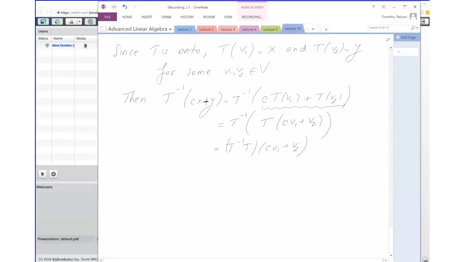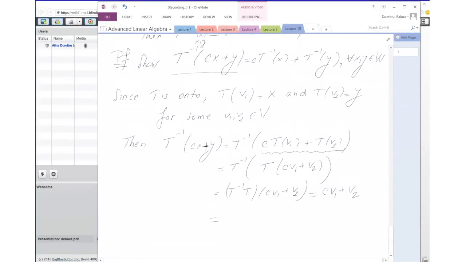And T inverse is the map that is the inverse of T. Therefore, the composition is just the identity function, right? Identity applied to cv1 plus v2 will be cv1 plus v2. Okay, let's keep on going because that's not what we need.